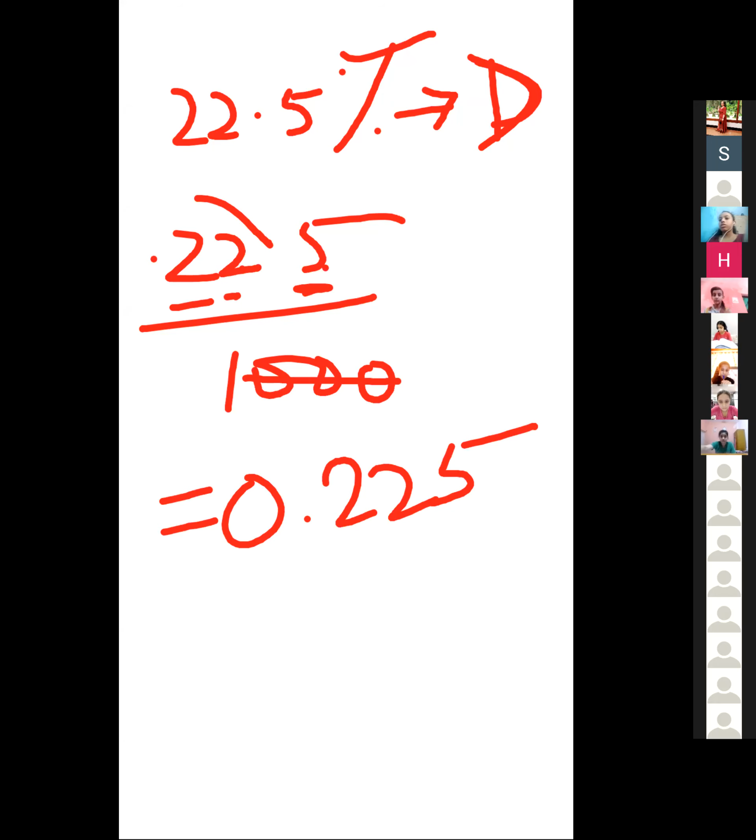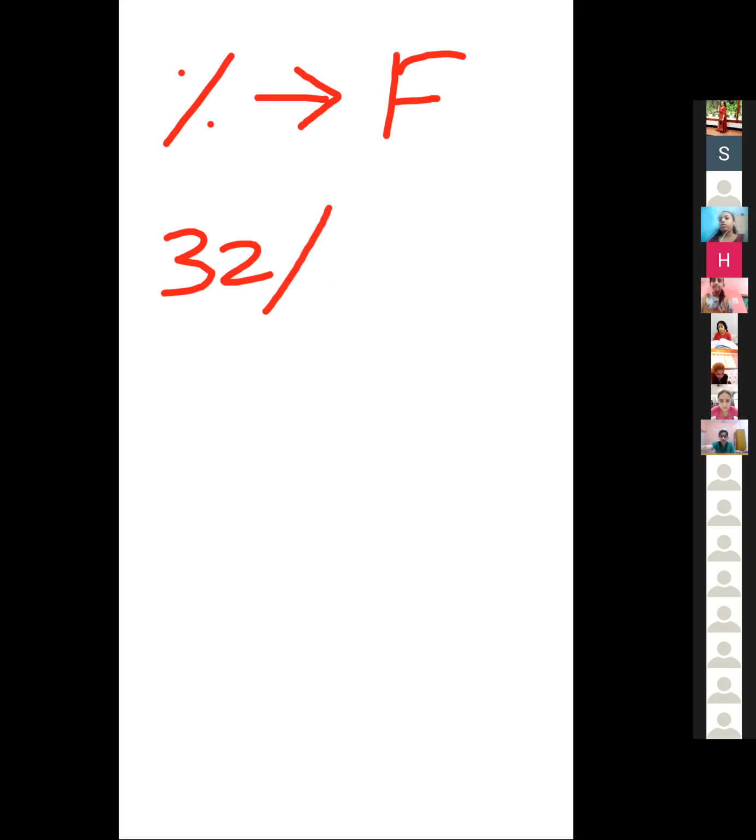Okay. Now, next question. Express the following percentage as fraction. Now your question is percentage change into fraction. Now your question is 32%. 32% you have to change into fraction.